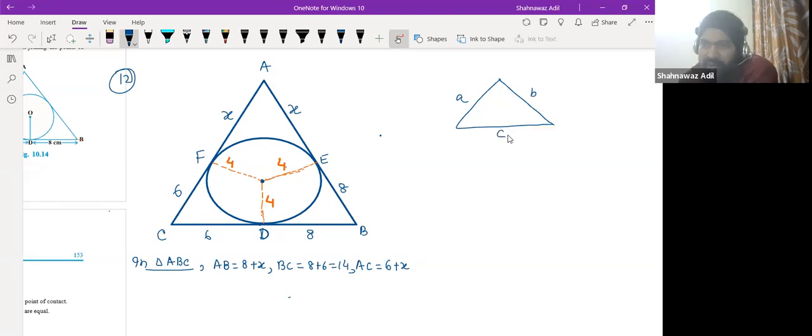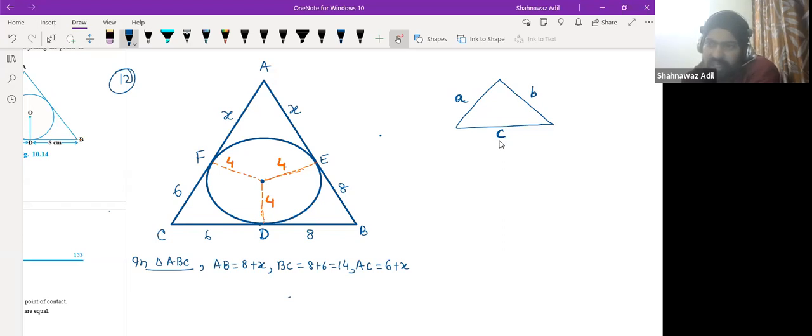And if we know the three sides of the triangle, we can calculate the area of this triangle, right? So what is the method? Area of a triangle is half into base into height, right? But we are given three sides. We don't know the height of this triangle. The altitude is not given.